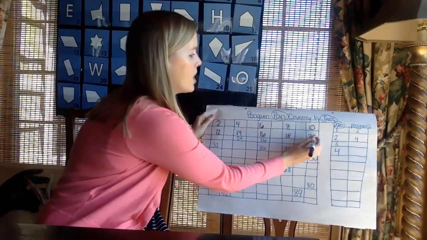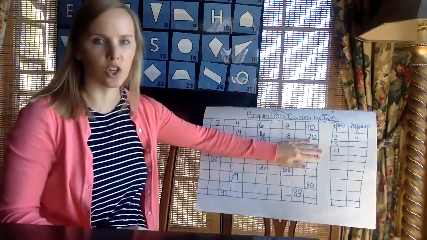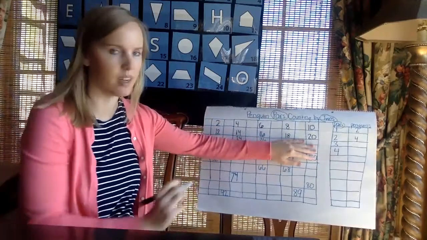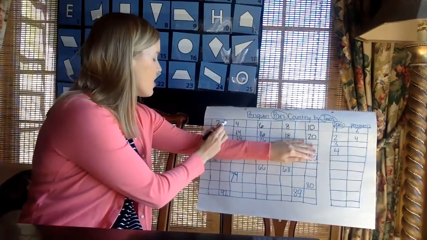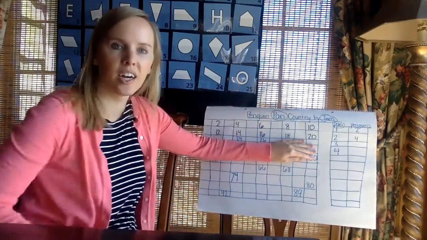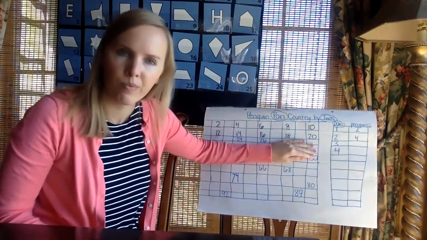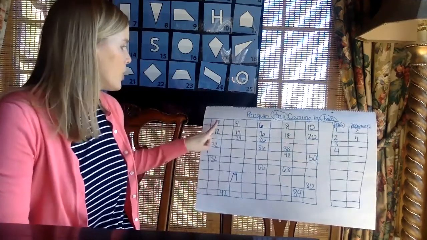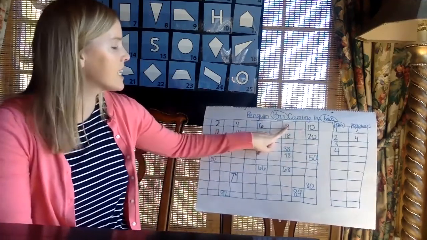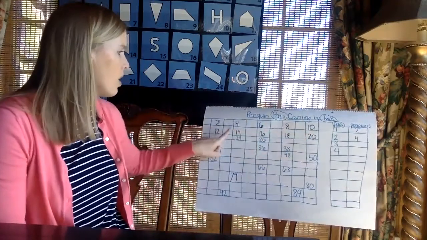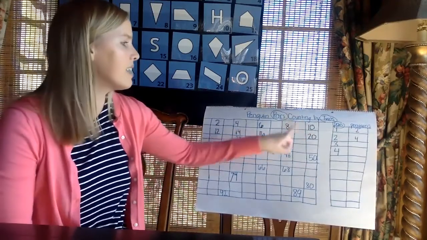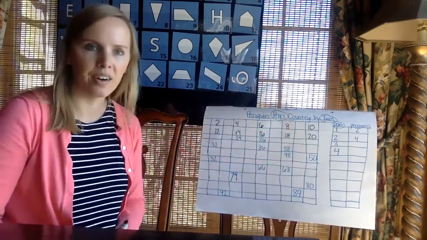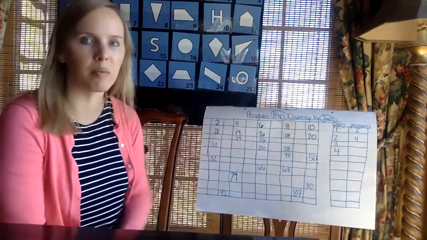Okay. So just from doing these first two rows, this is what I'm noticing. Every other number is missing. 2, 4, 6, 8, 10, 12, 14, 16, 18, 20. So every other number is missing.